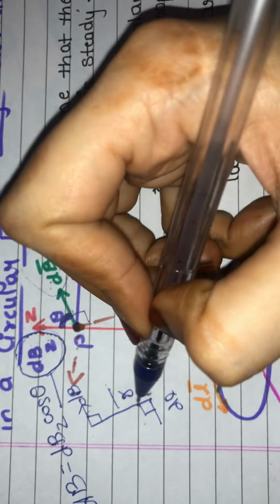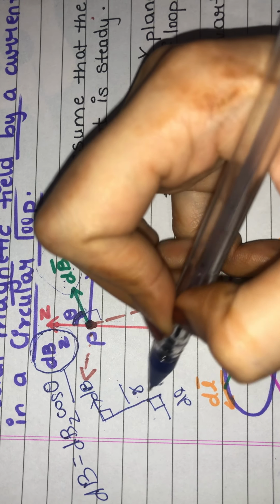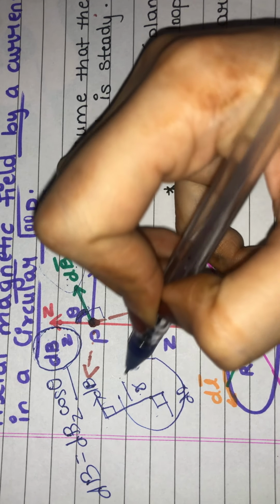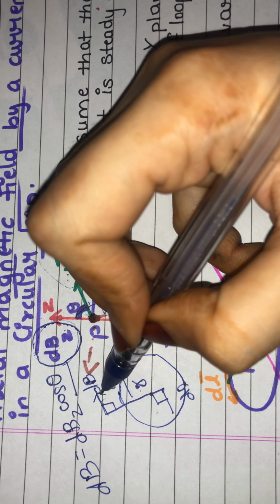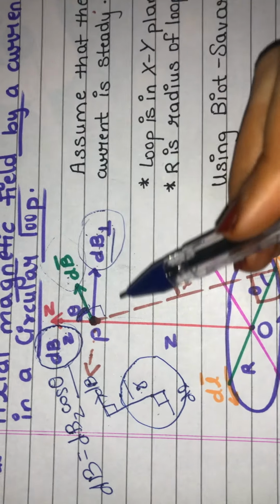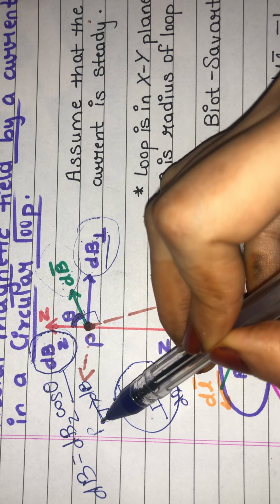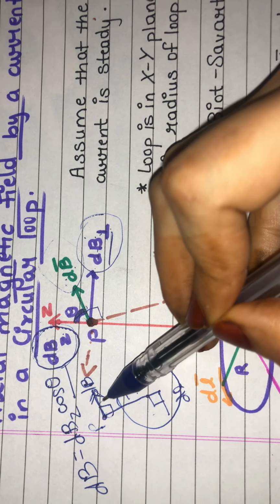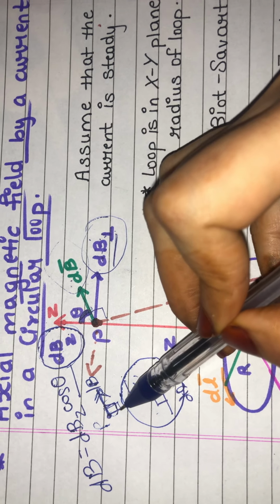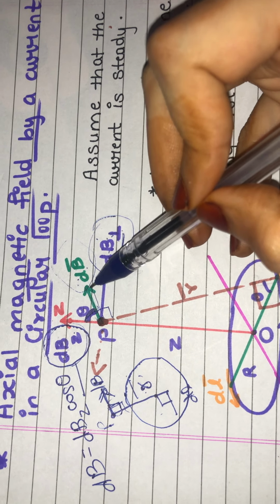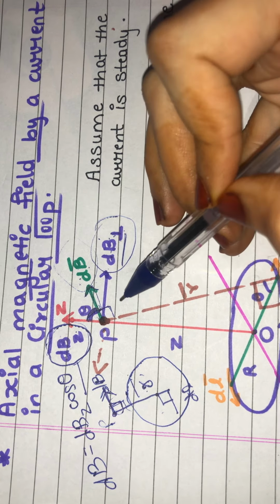So this dB will be perpendicular to the plane made by r and dl. So here, this is my point P. The direction of dB will be such that it is perpendicular to the plane of r and dl. Yes, you can see that. So here is how I have drawn my dB. This will be the direction of my dB, and see, it is making 90 degrees.